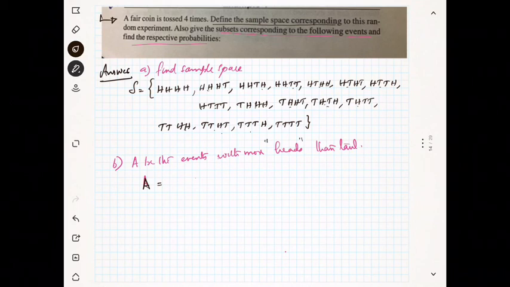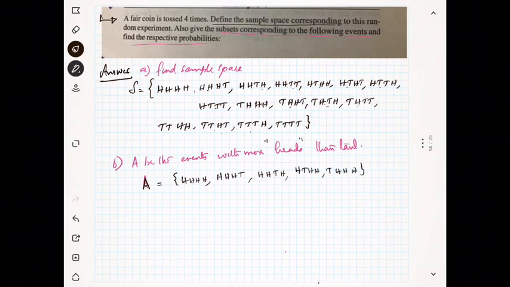You can see the first one, yes, that's fine, because all are heads. So this is an event. Then I can also write head, tail, head; this is 3 heads and 1 tail. Then tail, head.